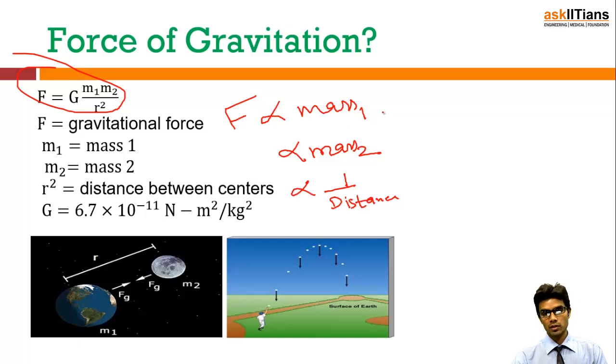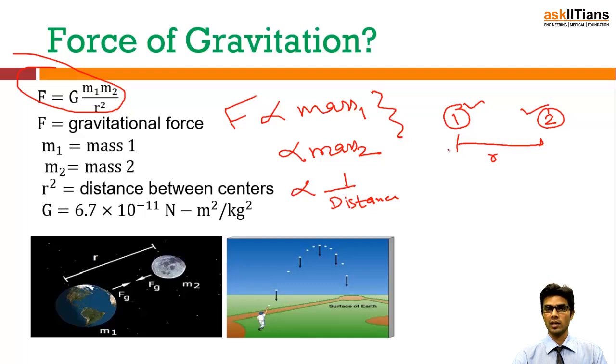So if there are two bodies and these two bodies are smaller in nature, smaller in size, then the force always decreases. If mass is smaller, then force is also smaller.